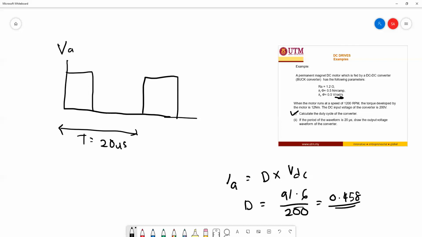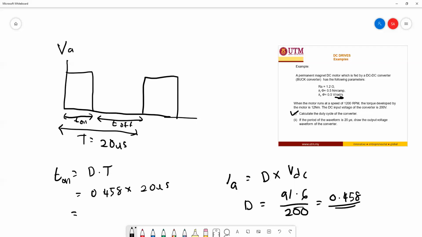So right now, you need to calculate what is T on and what is your T off. Okay, so your T on is D multiplied with the period. So your D is 0.458 multiplied with your period, 20 microseconds.